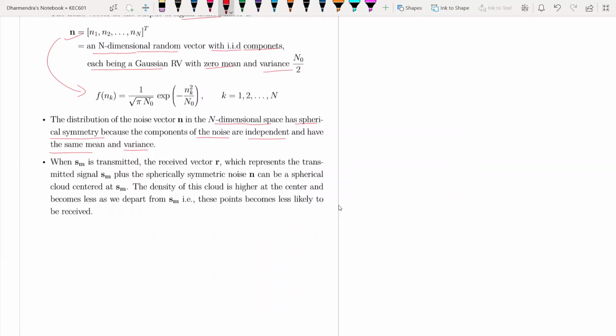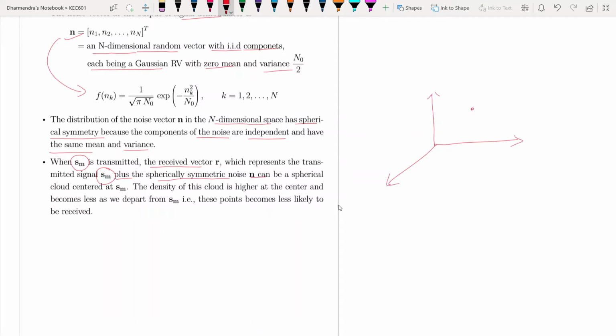So what is the effect of this spherically symmetric noise in signal space? When the constellation point Sm is transmitted, the received vector in the signal space represents the transmitted signal Sm plus spherically symmetric noise. Suppose this is a three-dimensional signal space for illustration.